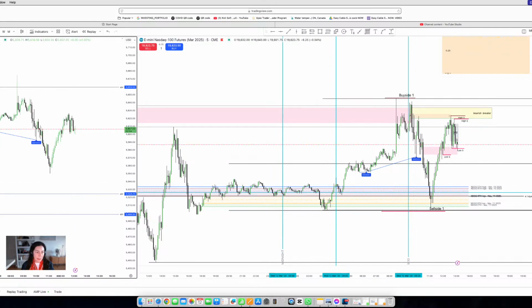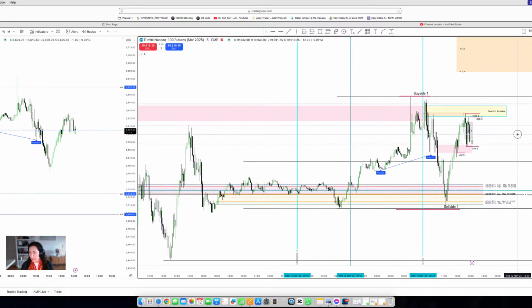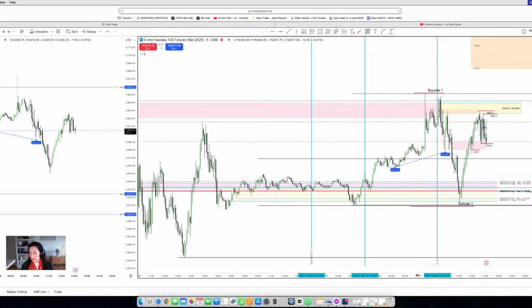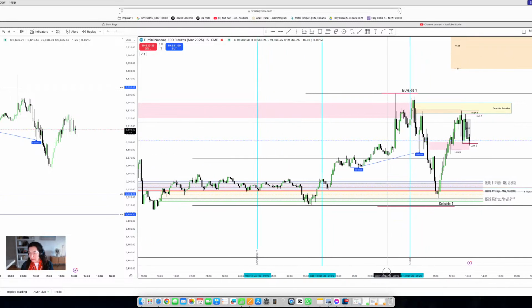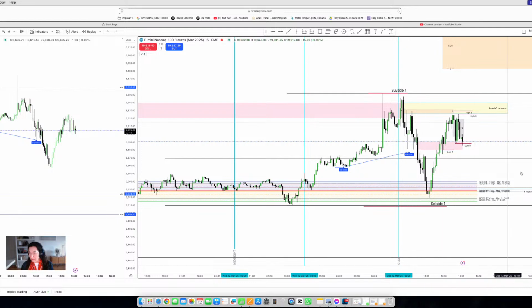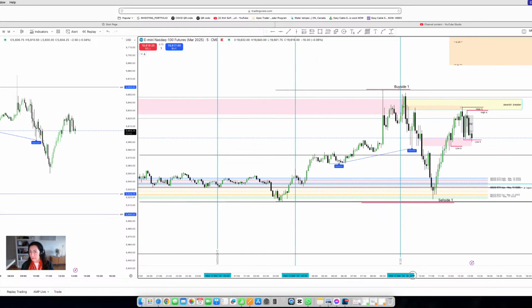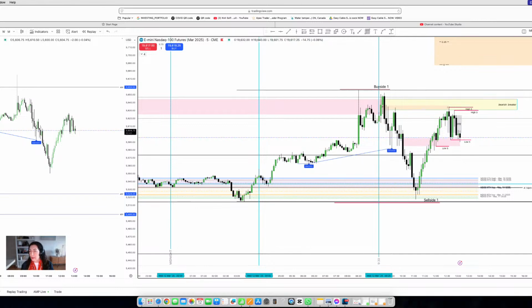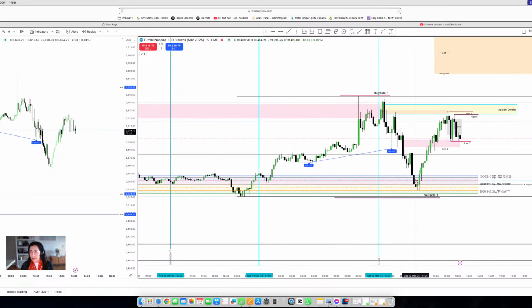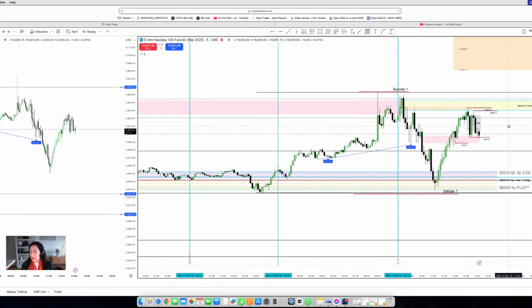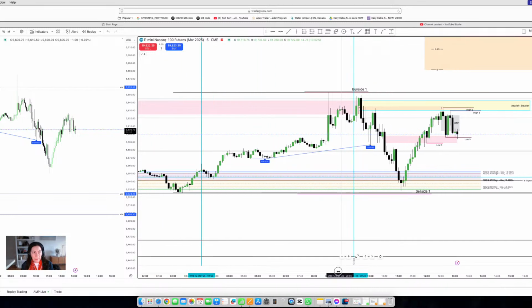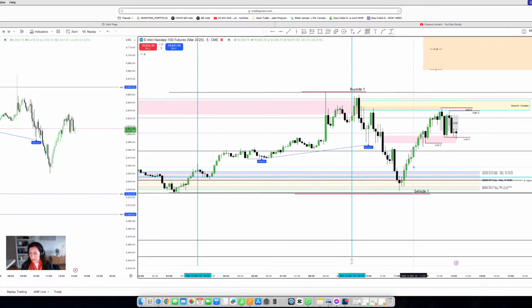To take a look on the 5-minute here. Well, looking on the 5-minute, this is high resistance liquidity. We know it's high resistance liquidity because there are very few fair value gaps on the 5-minute, right?